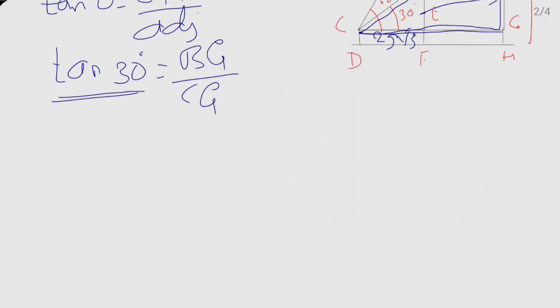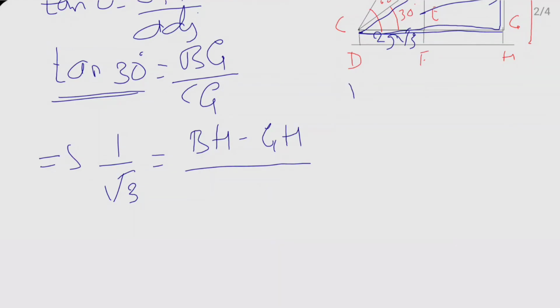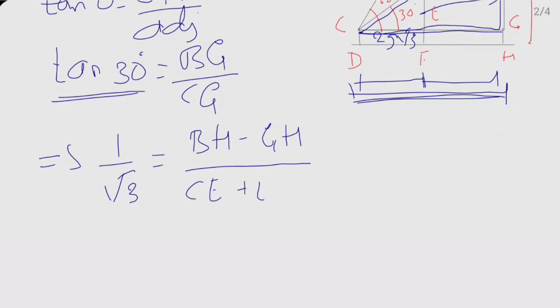And now here we know that the value of tan 30, that is 1 by root 3, equals BZ. BZ is equal to BH minus GH. BH is the height of the balloon from the ground level, and GH is the height of the girl, and this divided by, look at the figure here, CG equals CE plus EG, the sum of these two is CG, so we can write here CE plus EG. Is it clear?